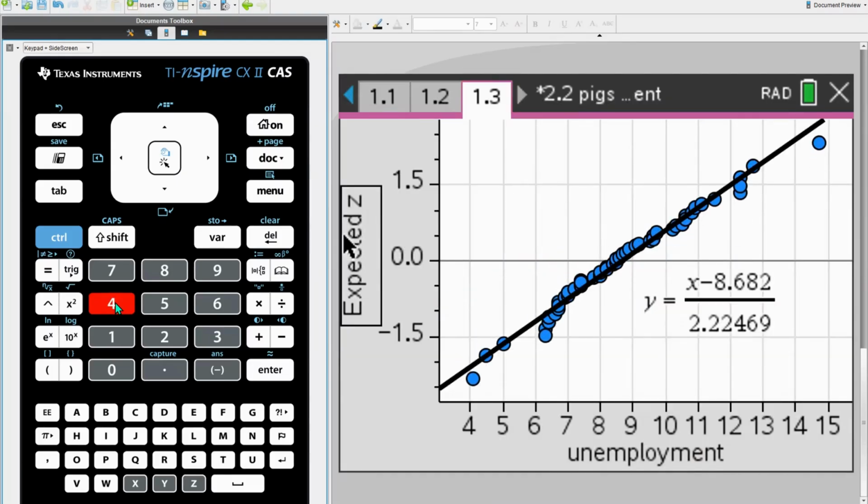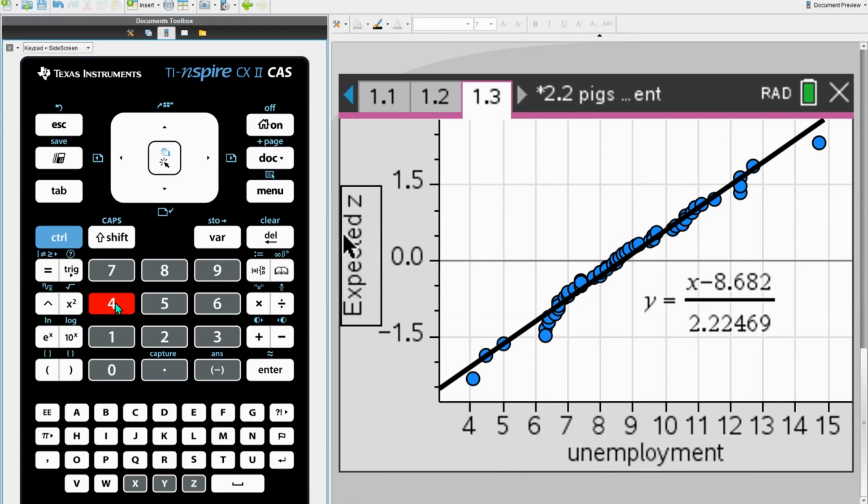And what do we see? The points are mostly on the line. The general trend is that they are mostly on the line. And when we see that general trend, we say, okay, that looks pretty good. We think the data are approximately normal. All right. So those are the kinds of tools that we use to assess normality.